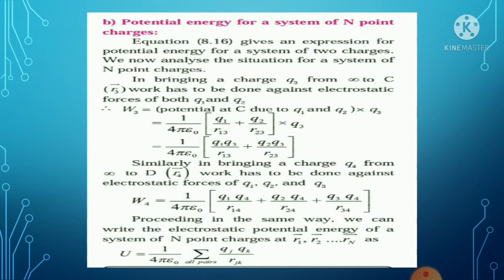In bringing a charge Q3 from infinity to point C of R3 bar, work has to be done against the electrostatic force of both Q1 and Q2 charges. Therefore, this work done is W3, equal to the potential at point C due to the Q1 and Q2 charges, into Q3 charge.